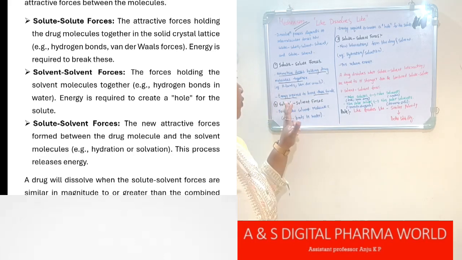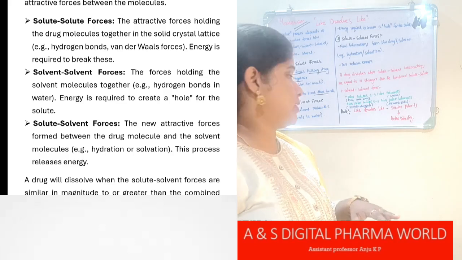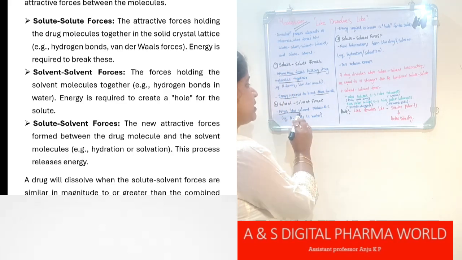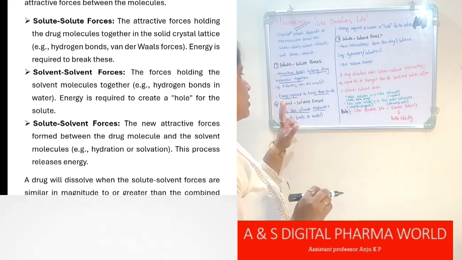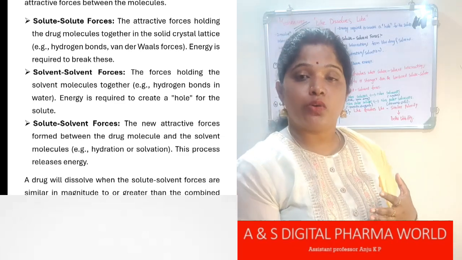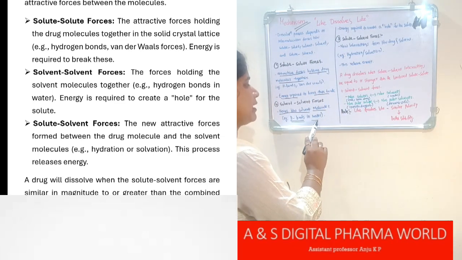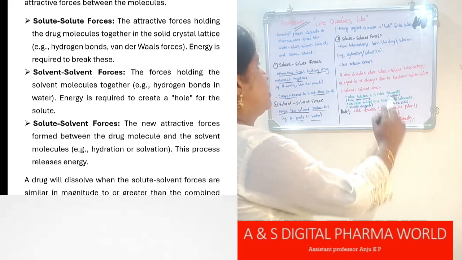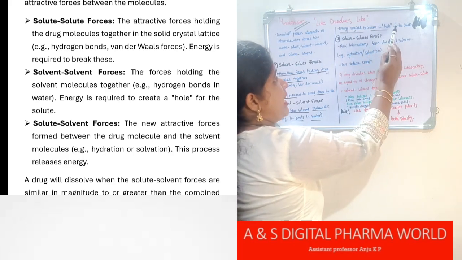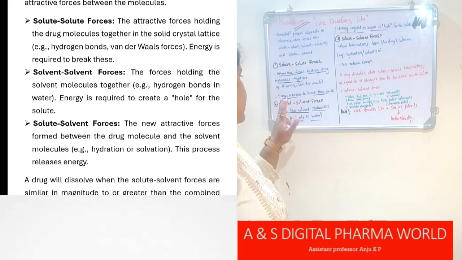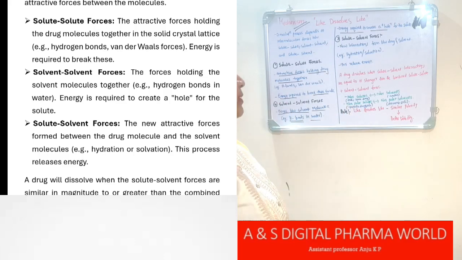Next one is solvent forces. The forces between solvent molecules are called solvent forces. Usually hydrogen bonds will be there in the case of water. So energy is required to create a hole for the solute in the case of solvent forces.